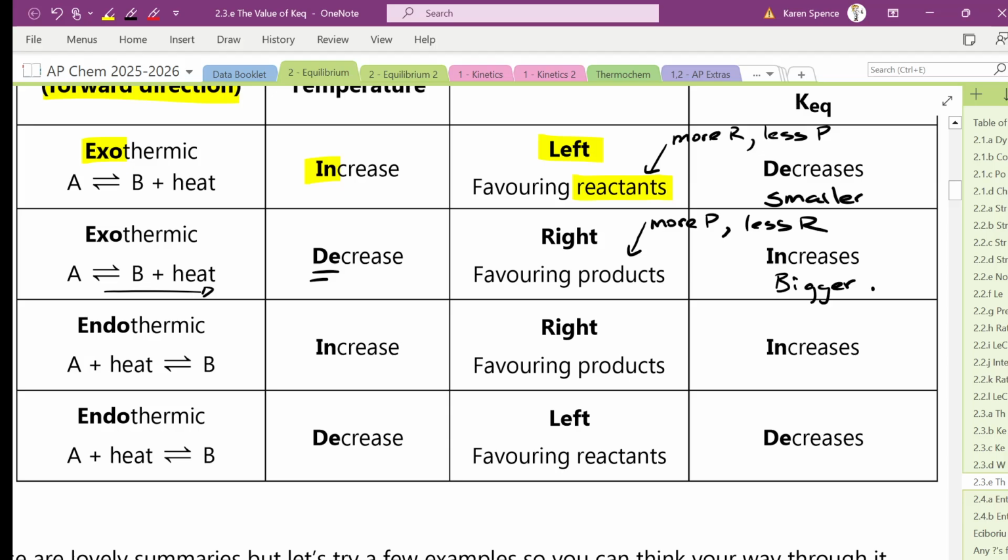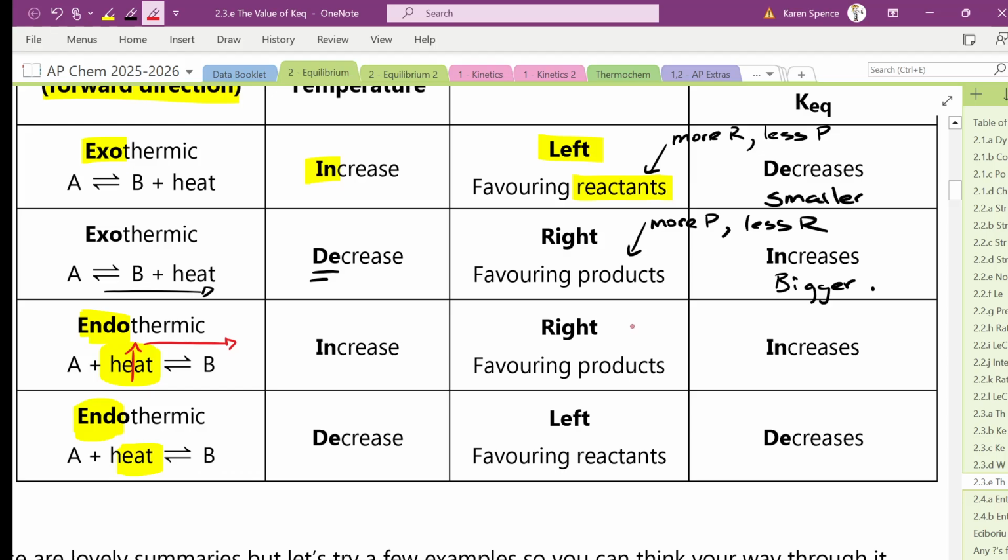I don't know why I have this whole table for this. I think once you've figured out one of them, all of them kind of just follow from there. But shall we go through the last two rows anyway? If the forward direction is endothermic, in other words, we've got our heat term here, and we increase the temperature, that's going to cause a shift to the right.